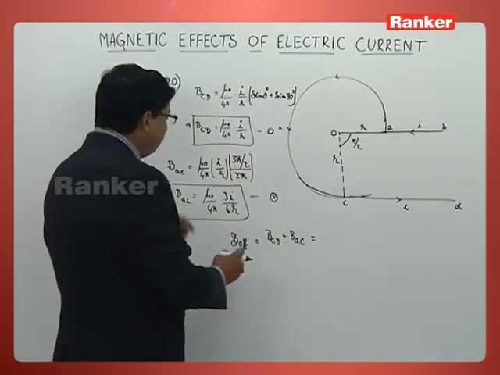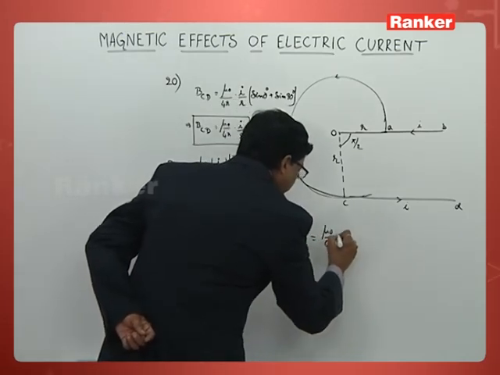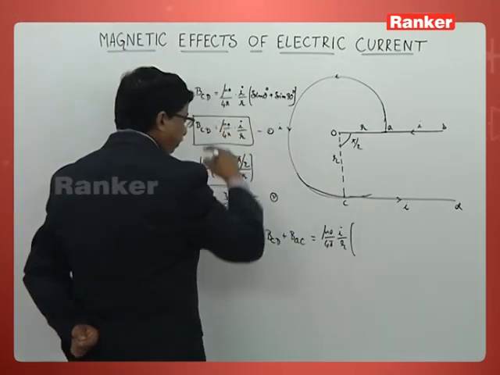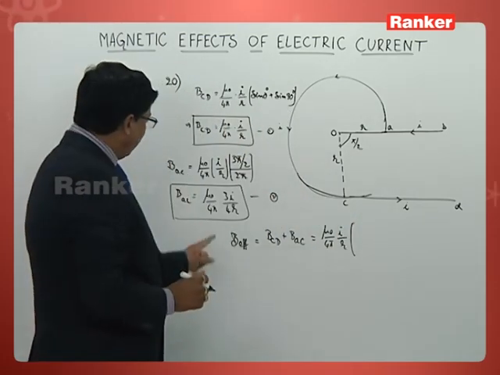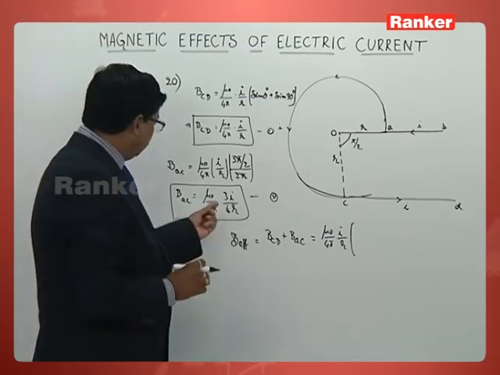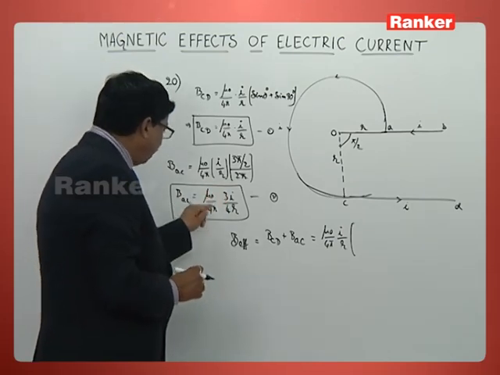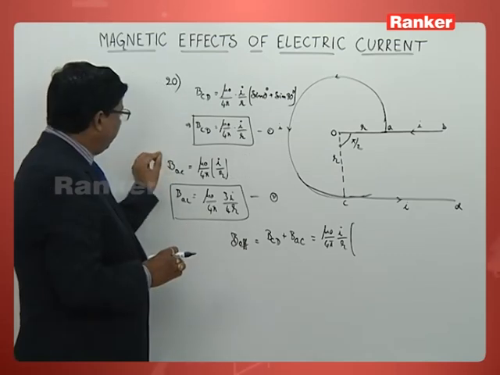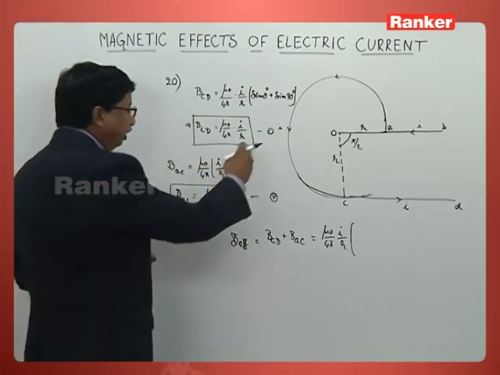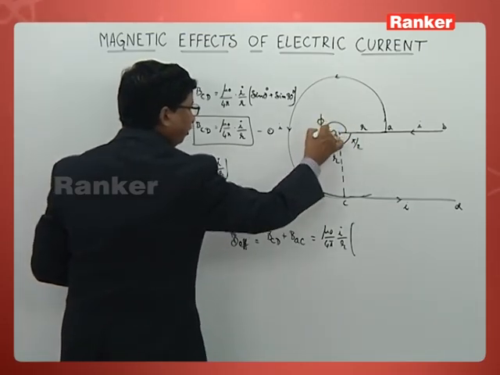What can we take common? Mu naught by 4 pi into I by R, you take common. What is left here? It's 1. And what is left over here? It's 3 by 4, and 4 pi also is here. BAC is mu naught by 4 pi into I by R into the value of phi. What is the total angle that it is covering?